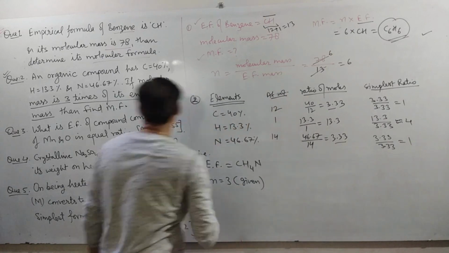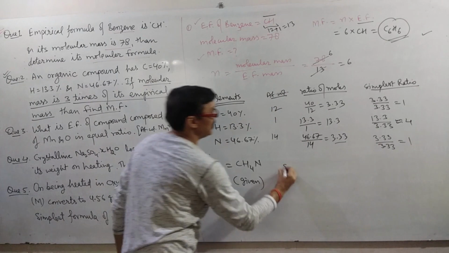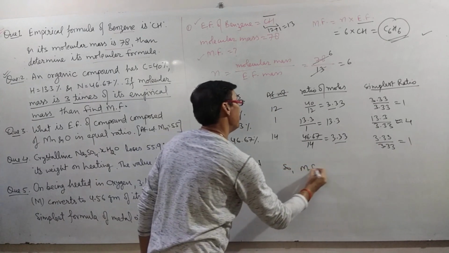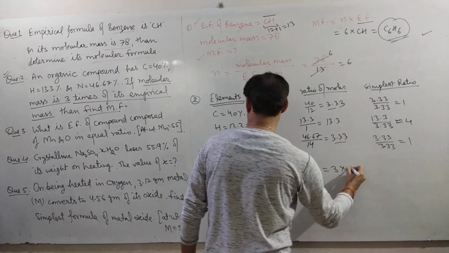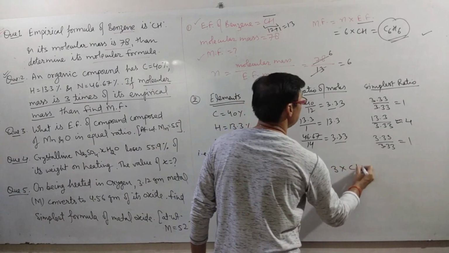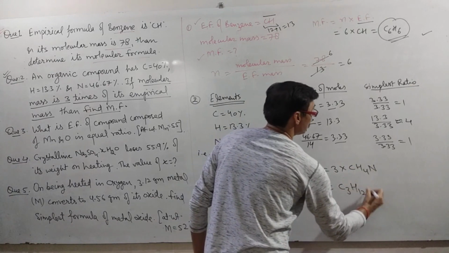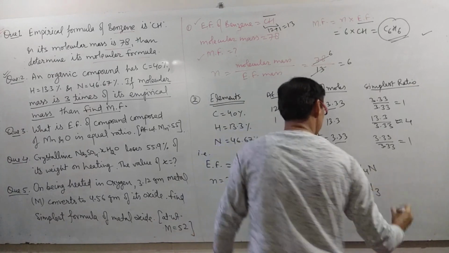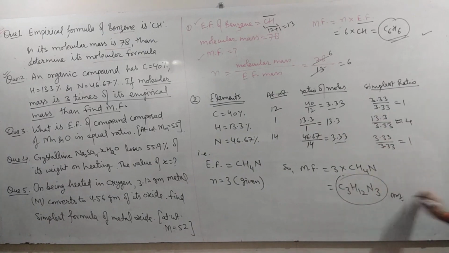So to find the molecular formula, the molecular formula will be n, 3, times the empirical formula CH4N, that is C3H12N3. It is the molecular formula. It is your answer.